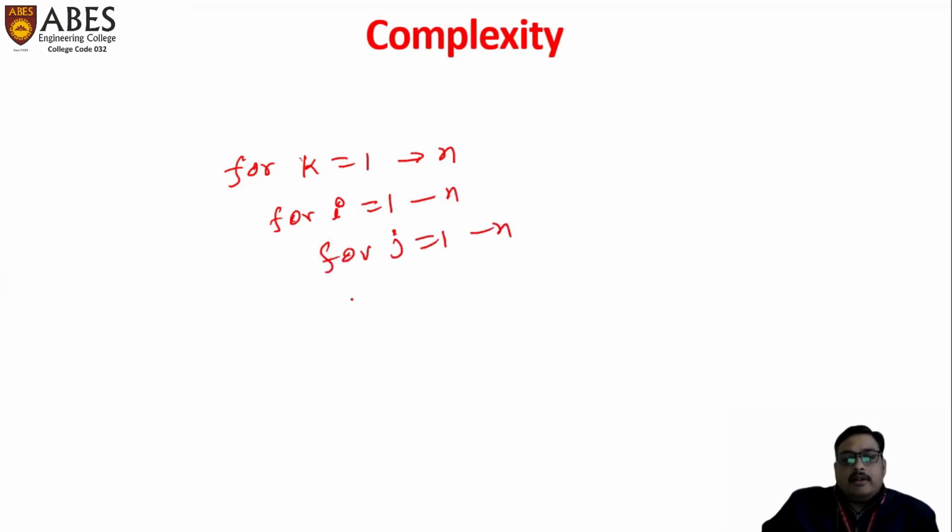And here we are calculating d[i][j] equals minimum of d[i][j] and d[i][k] plus d[k][j].